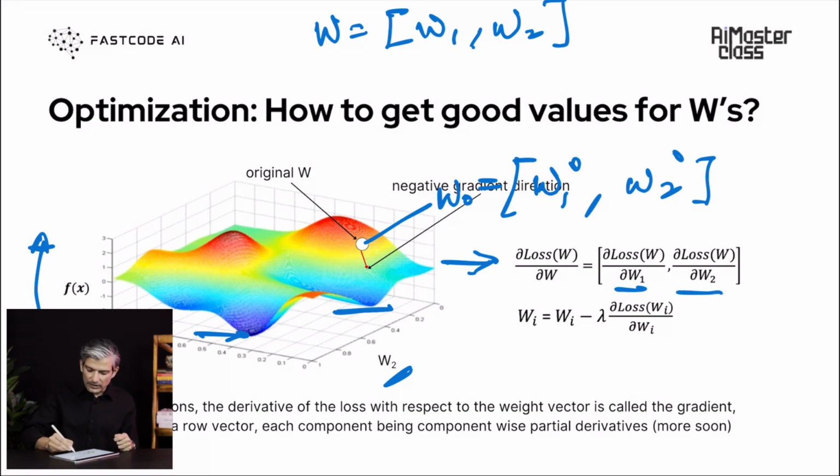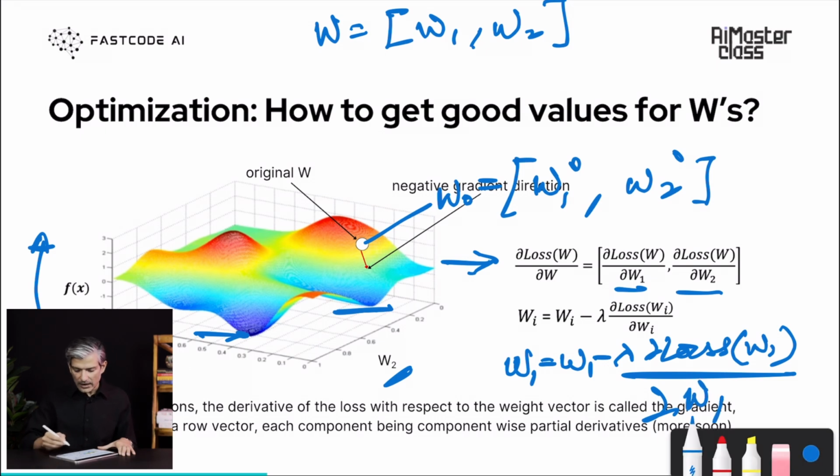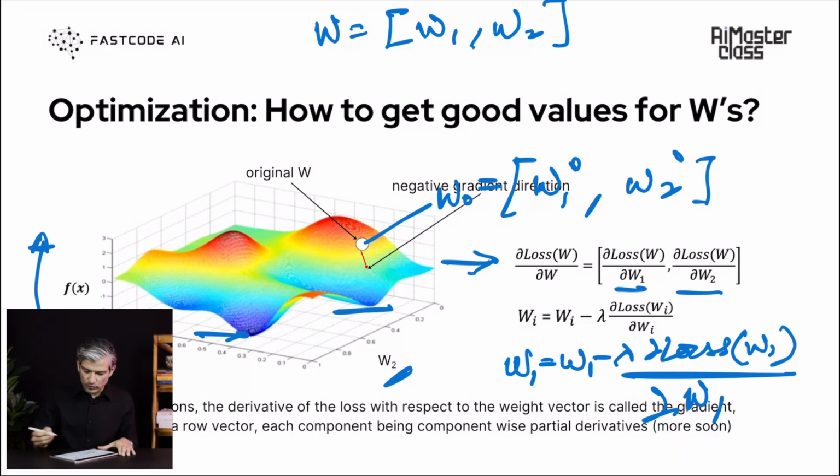Then for each parameter individually, so Wi, if i is equal to 1 it becomes W1, we take a step in the negative direction of W1: lambda times d loss by d W1. We then do the same for W2.